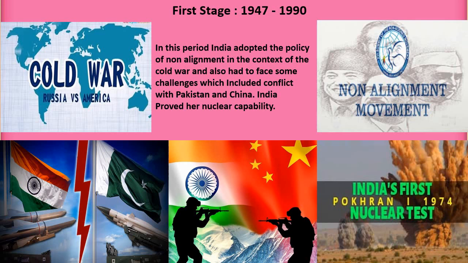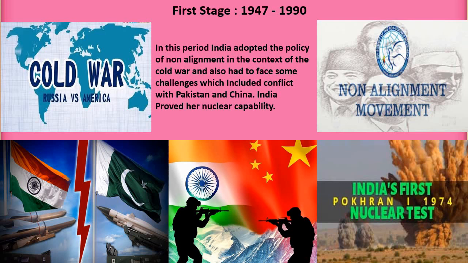Besides that, in 1962, the two countries, India and China, stood in front of each other on the issue of the McMahon Line. So, India faced some challenges with neighboring countries during that stage.